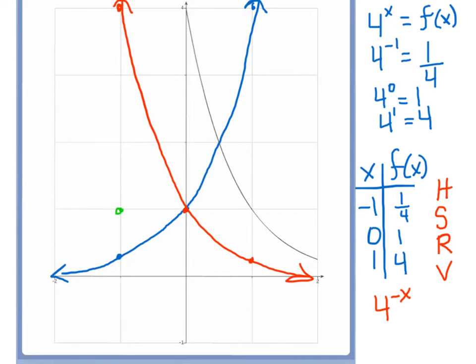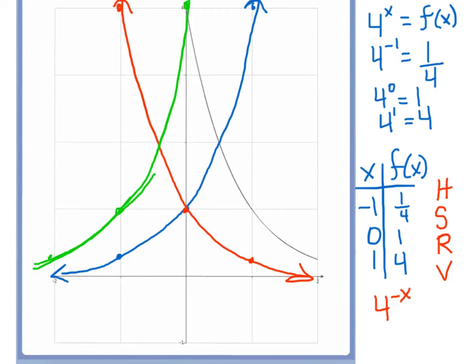Move it back here so that this point gets moved over, this point at the top gets moved back one, and this one gets moved one. So I've shifted it back one. Now it looks like the mirror image of the one that they gave us.